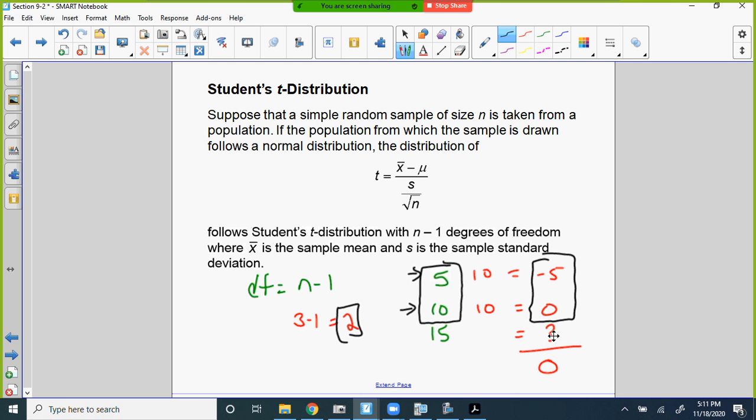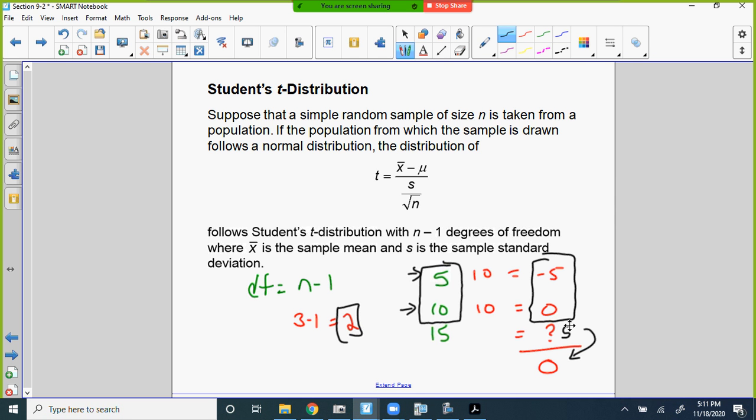But this last value has to be fixed because it has to be whatever it is to make the sum 0, okay? So it's kind of like, how much variability do you have in play? How many of your variables are able to be varied, right? So if I took a sample of 3, then 2 of my variables would have the opportunity to be whatever they needed to be, okay? That last one would be fixed.